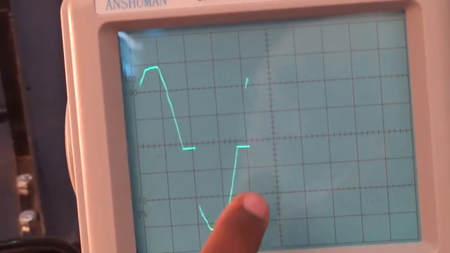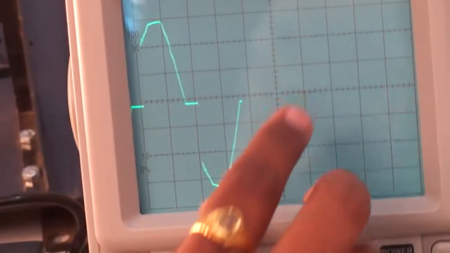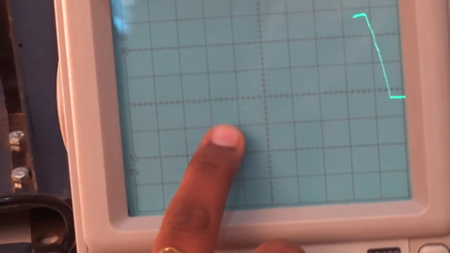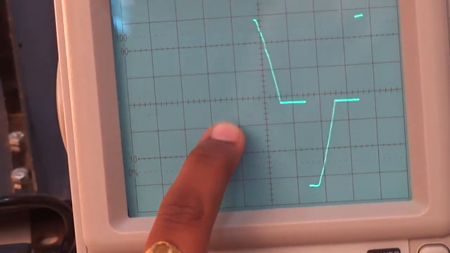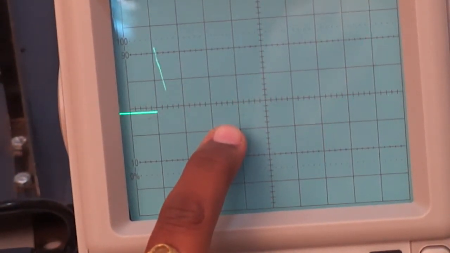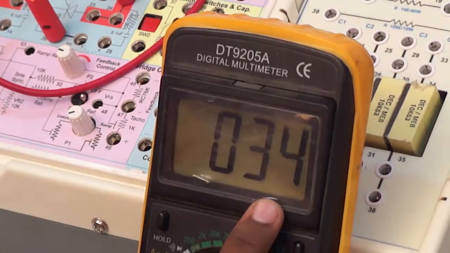So this is the maximum output voltage across the load. So again, by keeping converter conduction angle pot at various positions, find out the firing angle alpha, and at the same time note down AC voltage across load.